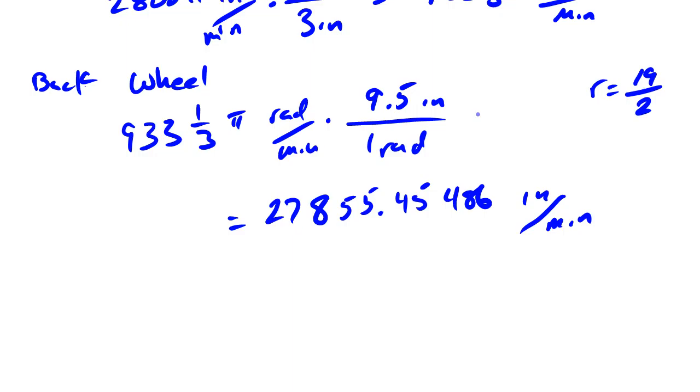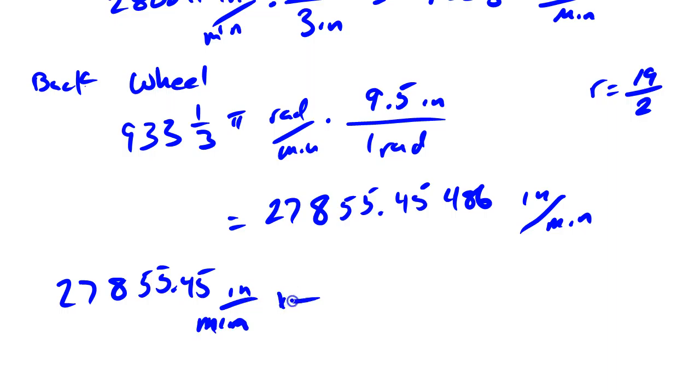And then they say change that to miles per hour. I would expect you to know conversions like inches to feet, which would be 12. So let me try that. I've got 27,855.45 inches per minute, times 1 foot is worth 12 inches.